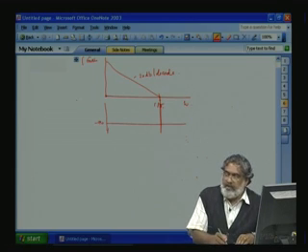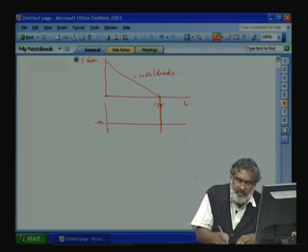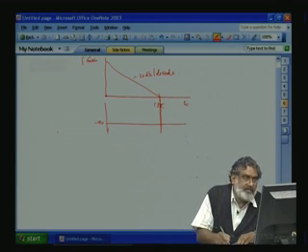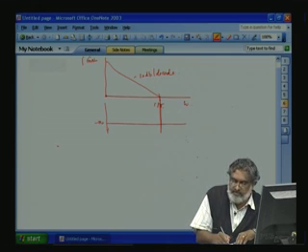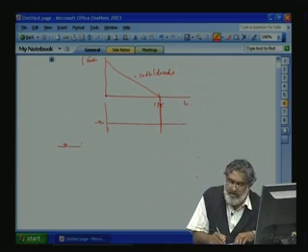So, let us talk about the PI controller now. See, PI controller, if you want to use it with an operational amplifier, the schematic representation will be like this. Okay.